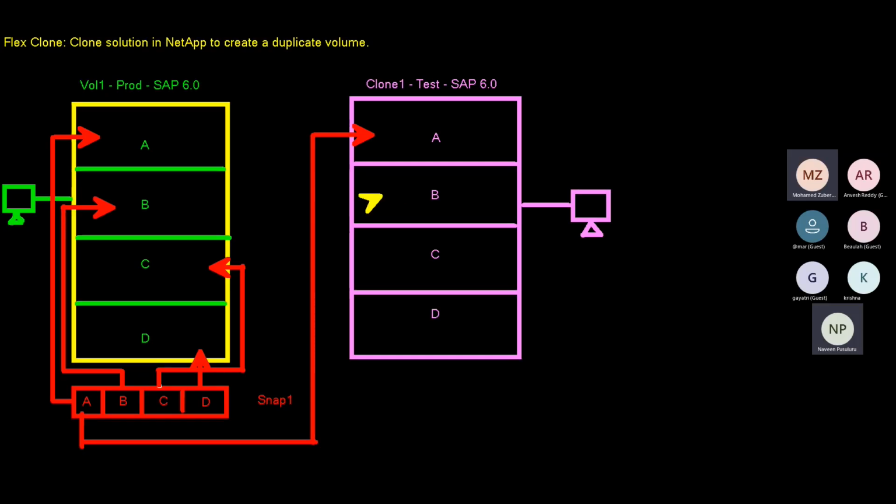Okay, let's use now. This is how my flex clone will be having pointers towards the snapshot, not directly to the original volume.